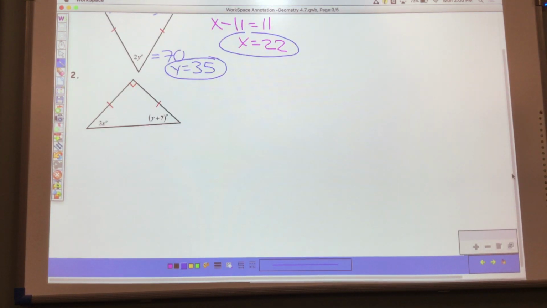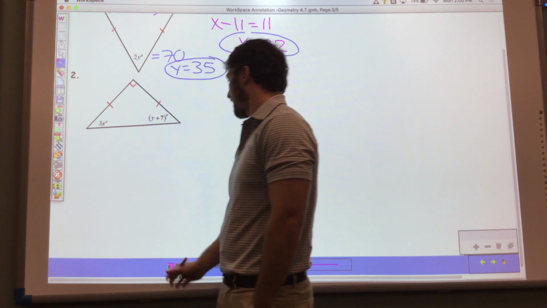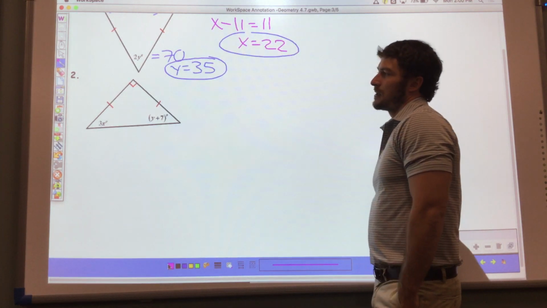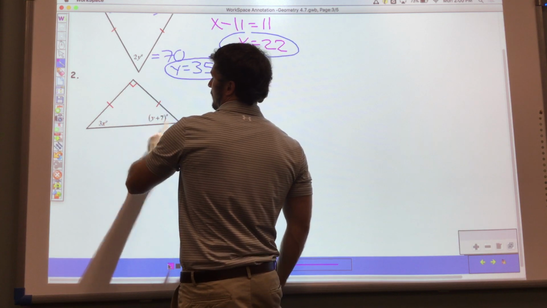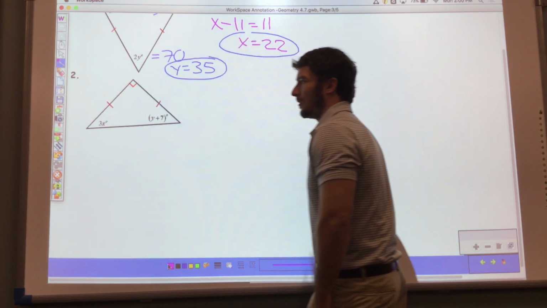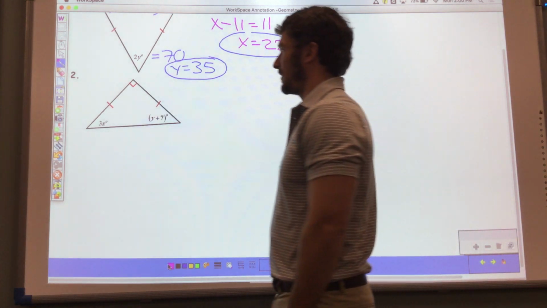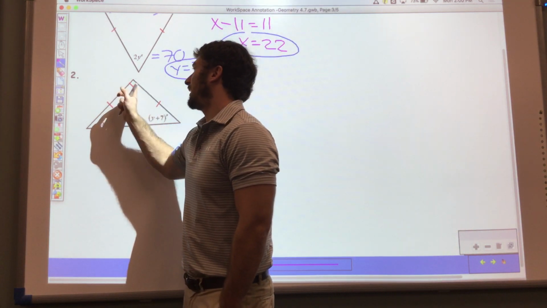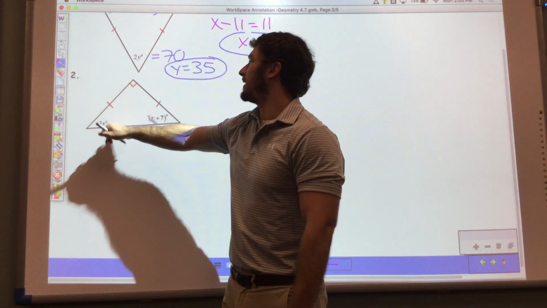Next example. You should notice you have a right triangle. Just looking at this diagram, you should know the measures of each of those two angles, because you know the angles in a triangle add up to 180. So you subtract the 90, and you have 90 degrees left.